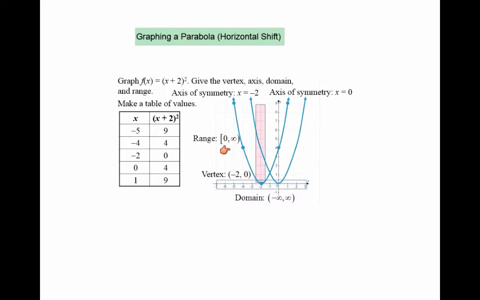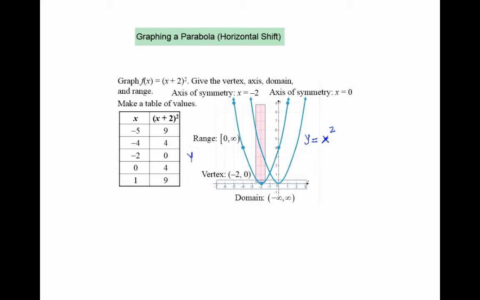Now, if x is equal to negative 2, negative 2 plus 2 is 0. This is where you can find your x-intercept. So you see this parabola looks like it's shifting to the left. So this was the equation y is equal to x squared.